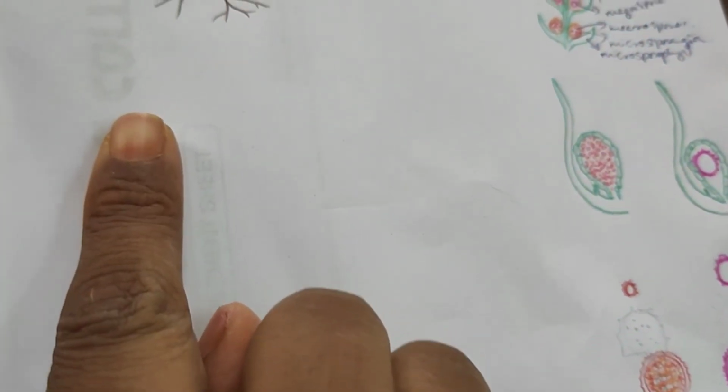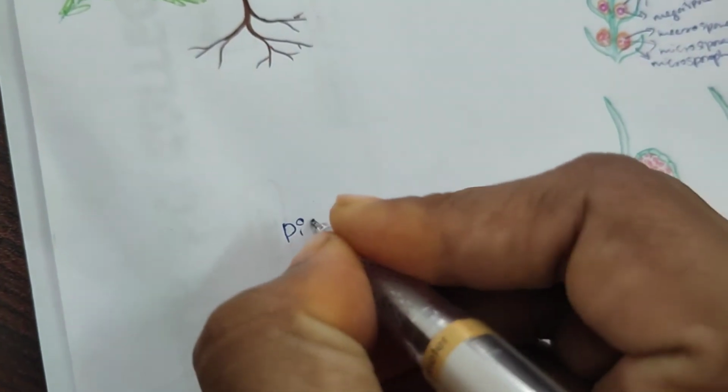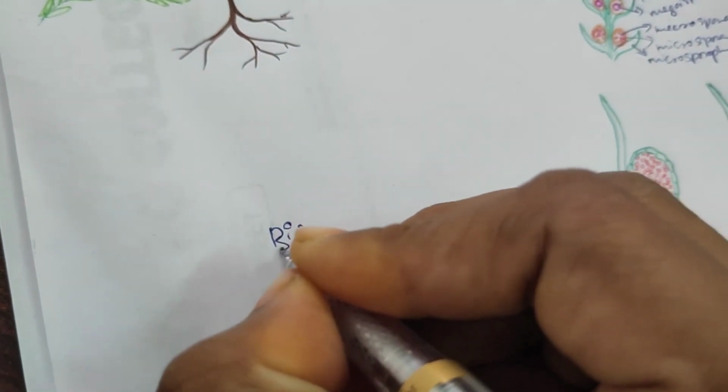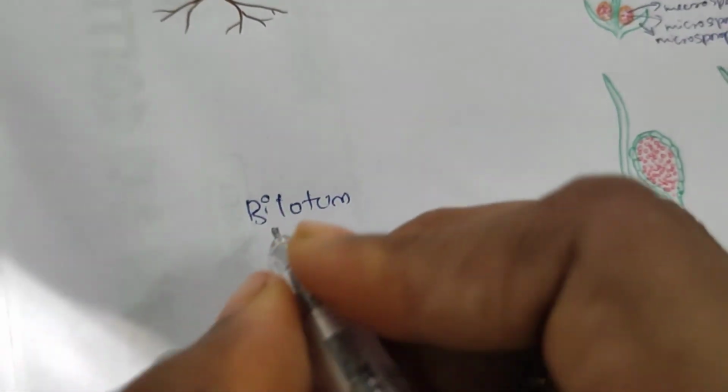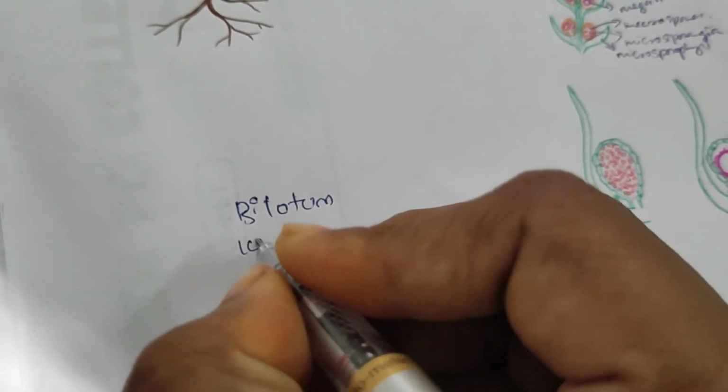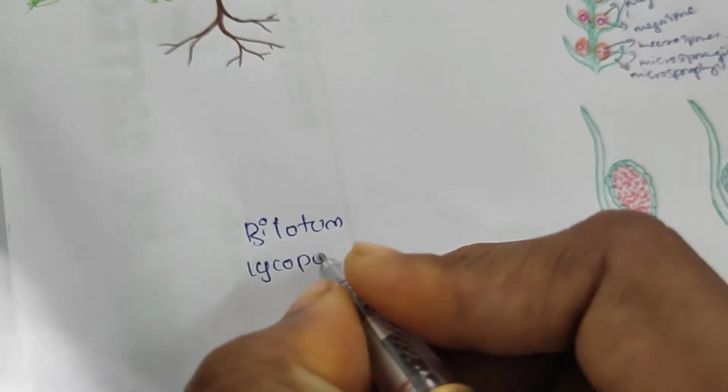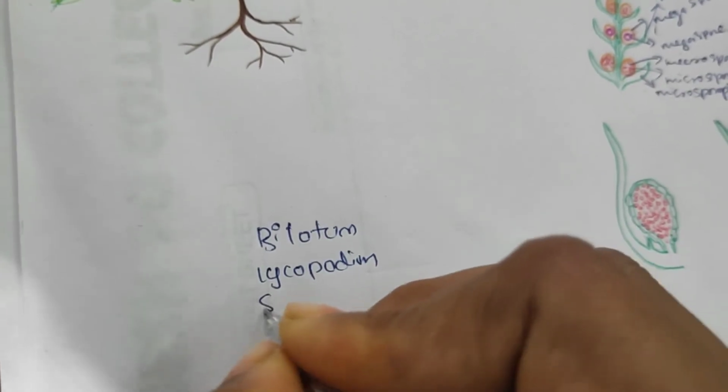In Psilopsida, Psilotum is an example. And in case of Lycopsida, Lycopodium and Selaginella are examples.